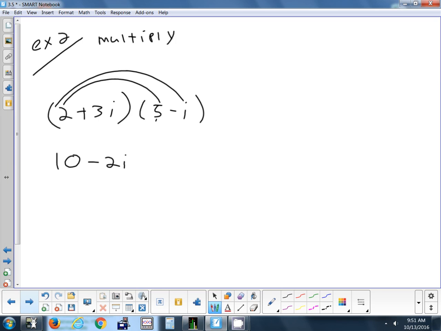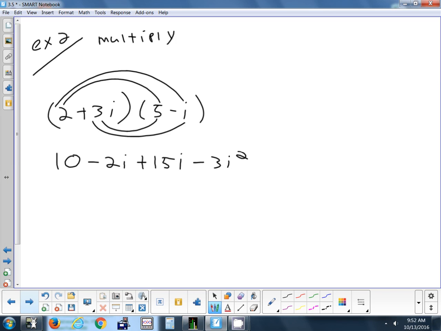And how about 5 times 3i? Plus 15i. And now the last one, last part of FOIL, I'm going to look at it in a couple pieces. What's a positive times a negative? So it's a negative. 3i times I. 3i squared. And we already took care of the negative.